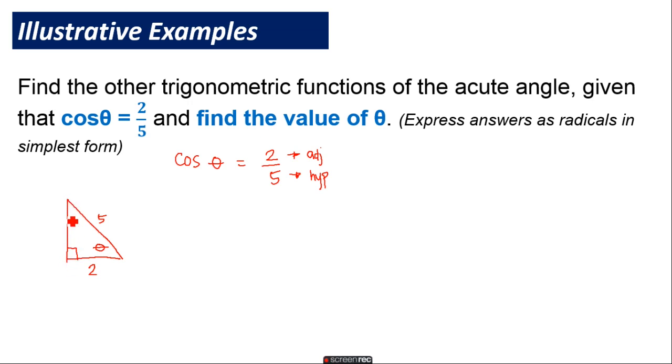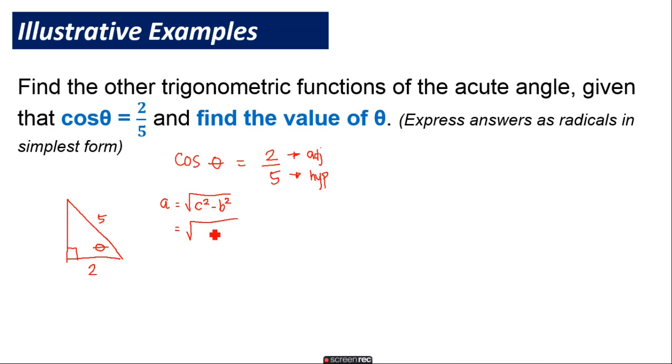In solving for this, we need to always remember that there is a missing side, and we can solve for this missing side using the Pythagorean theorem. In this case, we are looking for the altitude A, and the formula is A equals the square root of C squared minus B squared. Let's now try to solve.